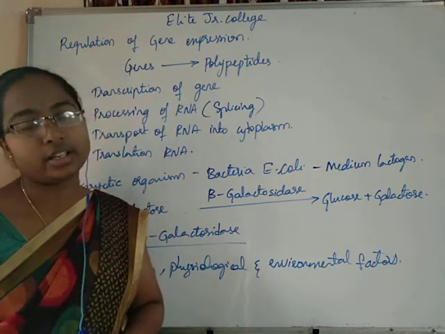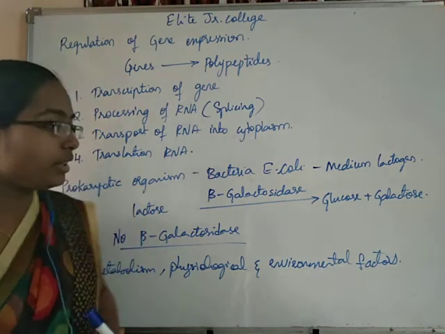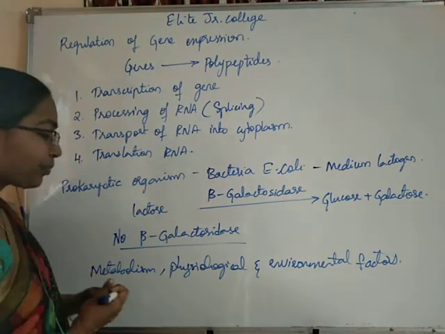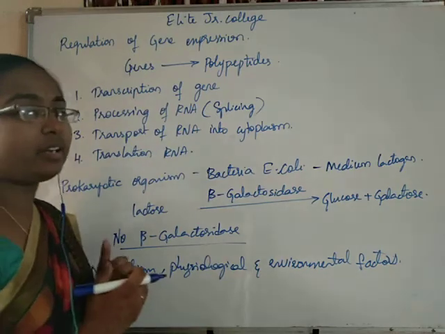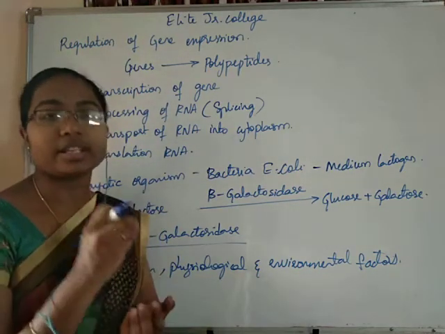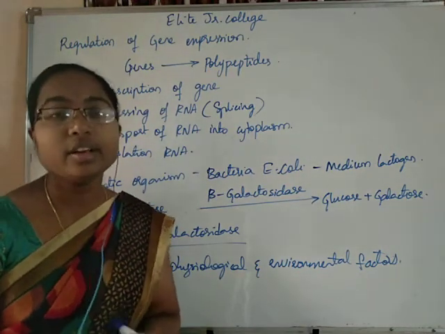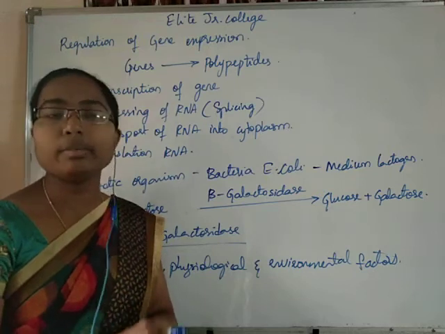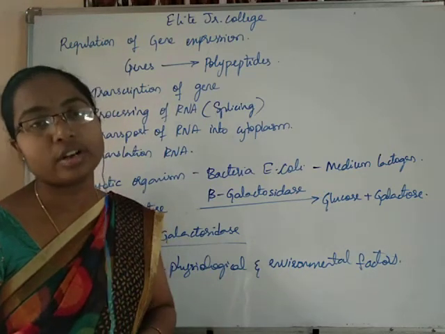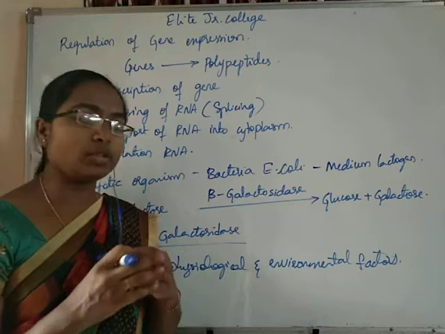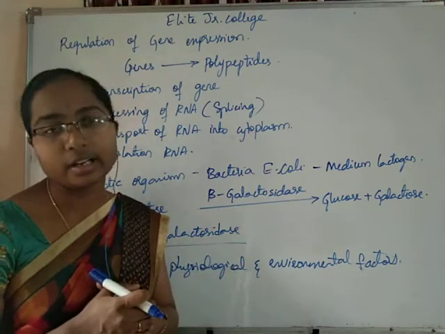Okay, see students, the next thing is, right from the development of embryo, right from the zygote after fertilization, it will be developing into a complete new organism with all the body parts, with all the different functions occurring in the body.